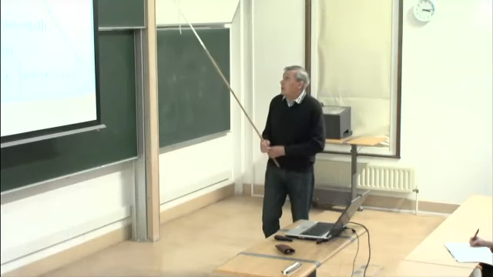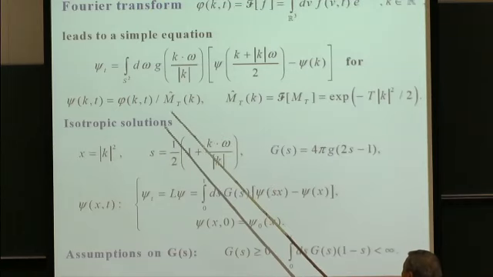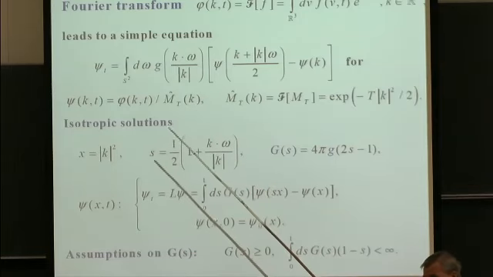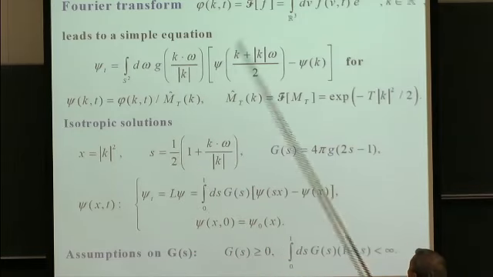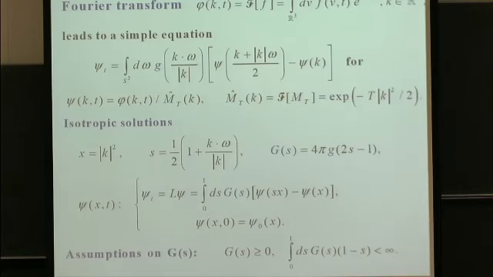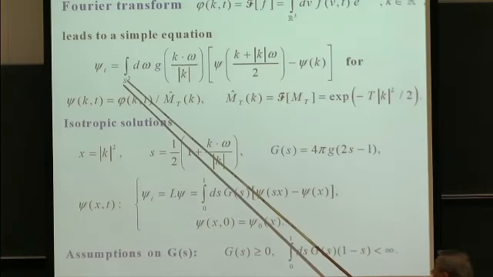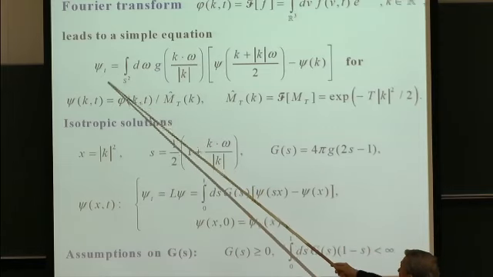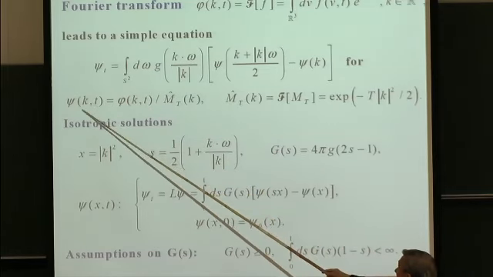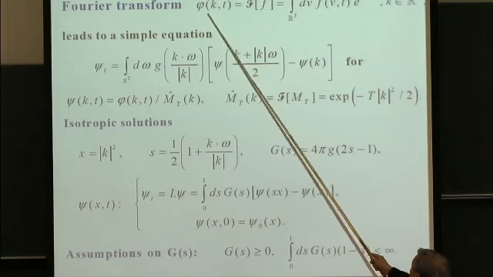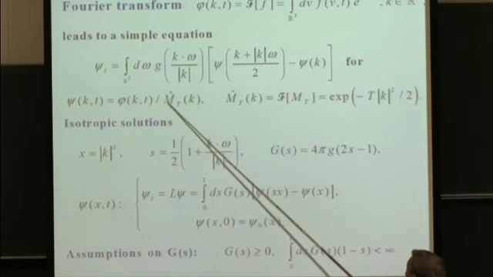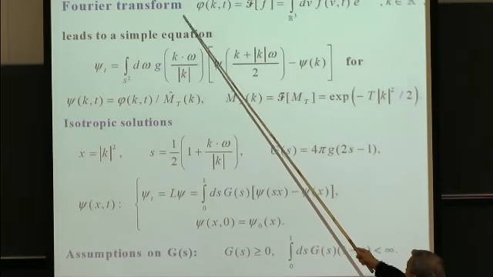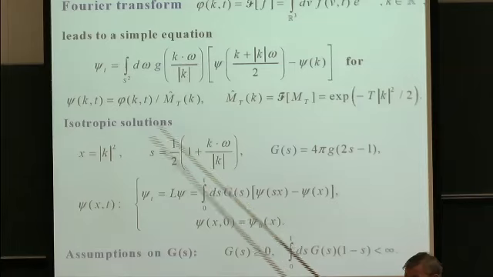This was done in my work 30 years ago via Boltzmann, and the Fourier transform is of course the most convenient way. So we make a Fourier transform, which leads to a much simpler equation for the function psi. Psi is the Fourier transform of f divided by the Fourier transform of the Maxwellian, so the Fourier transform of f is psi times Maxwellian.